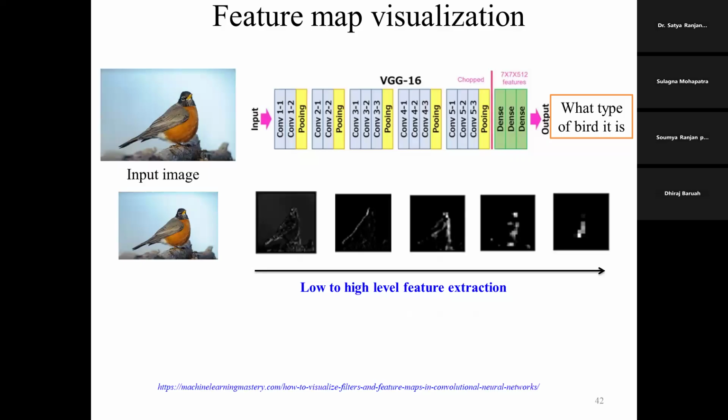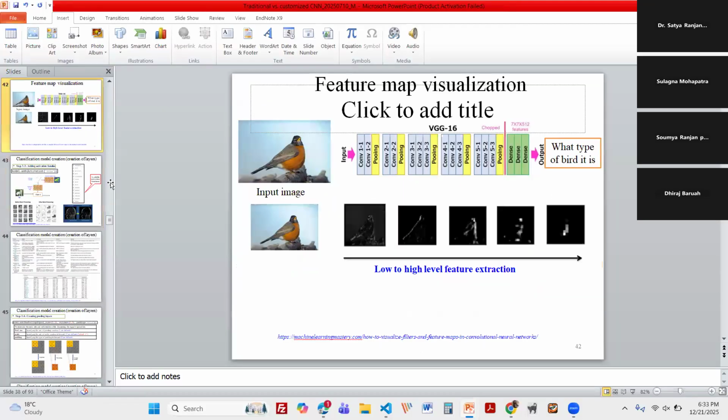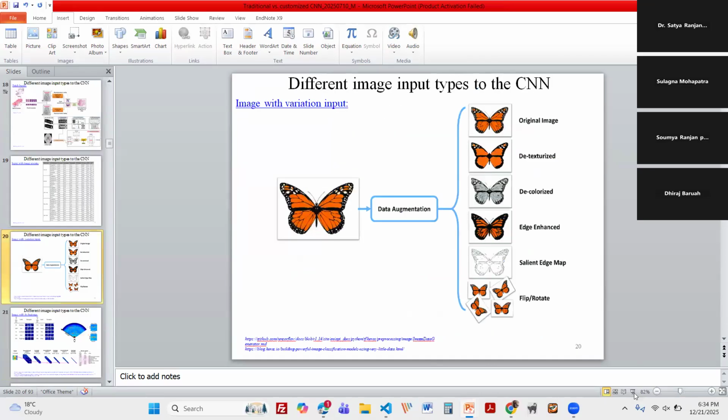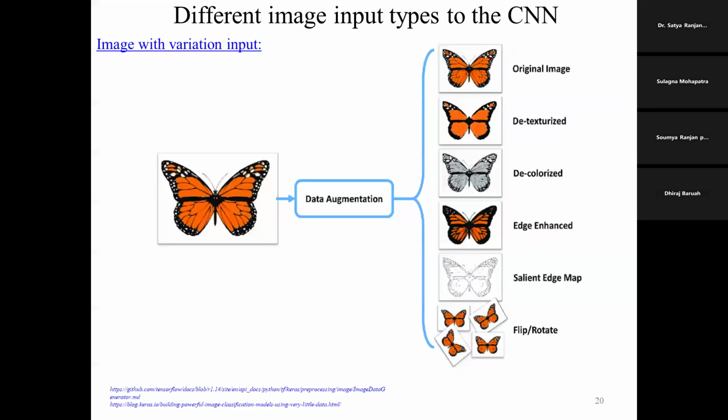Actually, I have mentioned these things two times. When we are preparing the input data, before the training, before the splitting, at that time we can do that. Actually, this one I always advise students when they have a very small amount of data.